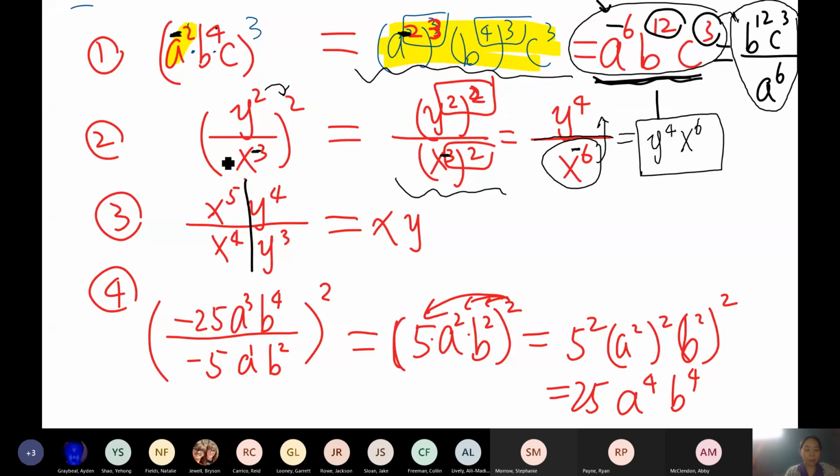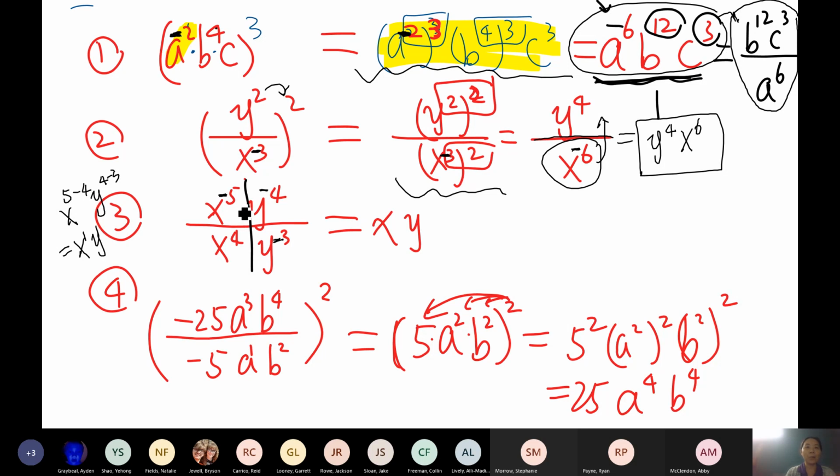Okay, number 3, let me change this one to a minus, and this one to a minus, and that one to a minus. All right, so when we do this question, we still apply the formula. Previously, I had 5 minus 4, right? So previously, when you did number 3, it's x to the 5 minus 4 and y to the 4 minus 3, because 5 minus 4 would be 1 and 4 minus 3 would be 1.